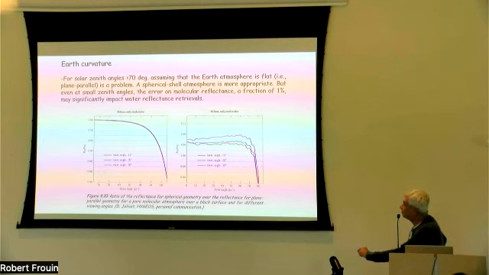So again, I think it's important to take this into consideration. I think this is something easy to correct, and it's probably sufficient to just compute the lookup tables for various categories, assuming a spherical shell atmosphere.